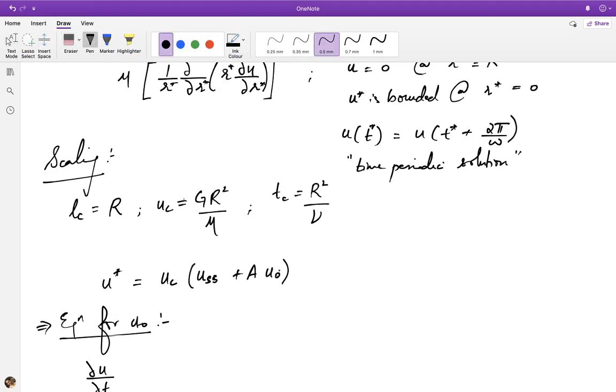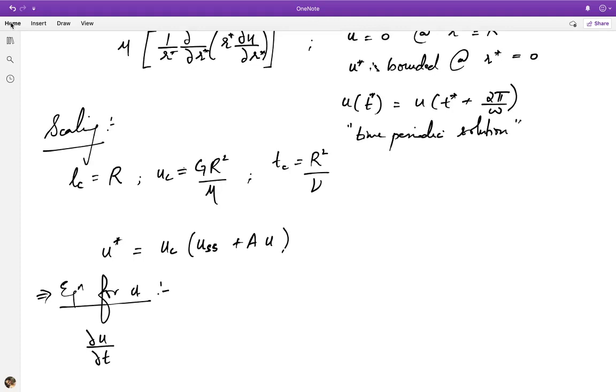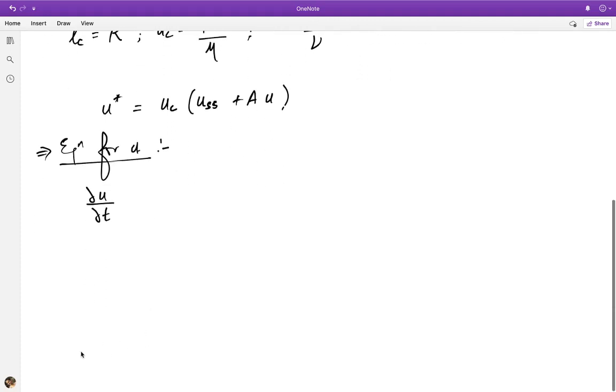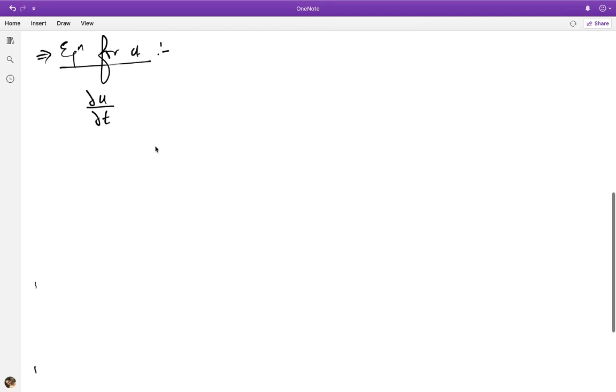The meaning should be clear, but I don't want to carry this subscript naught all over the place. So let's just erase that out. U here now stands for the oscillatory part. That's purely for algebraic convenience, because this is going to be quite a long example and involves a considerable bit of algebra, and it will be helpful not to carry over unnecessary subscripts.